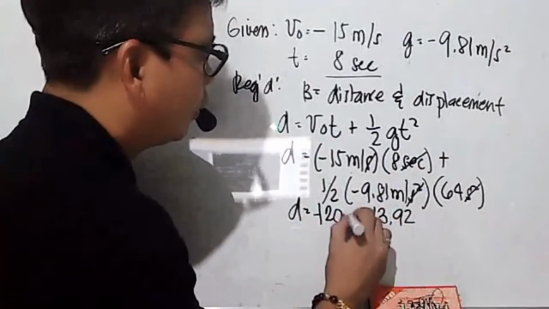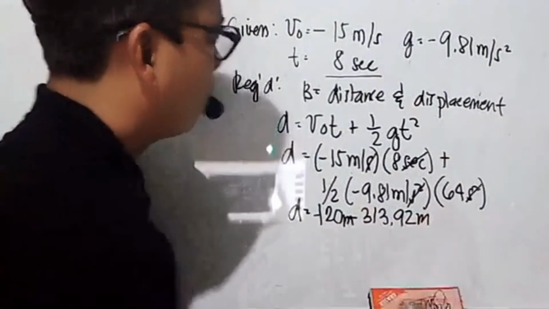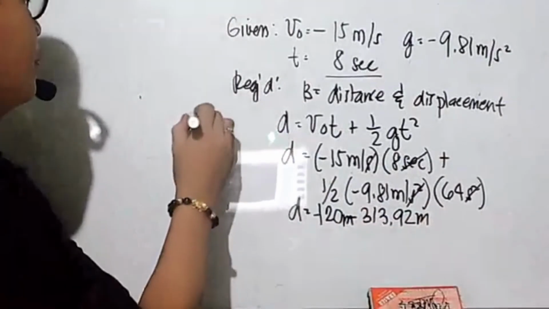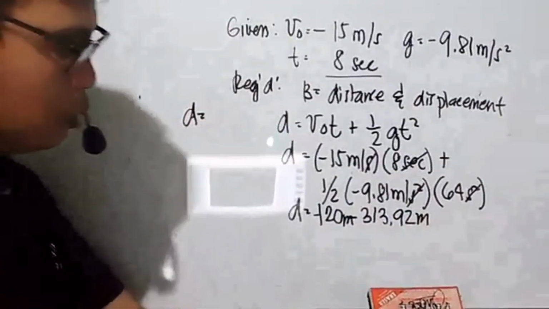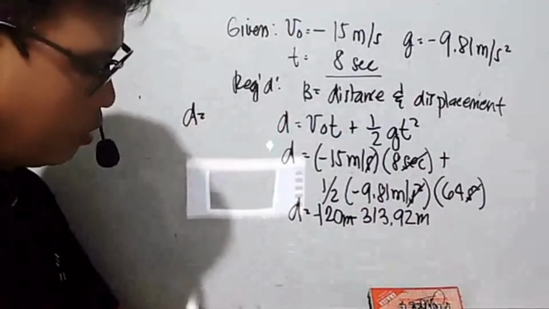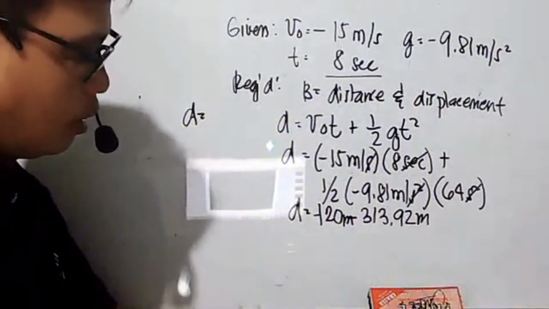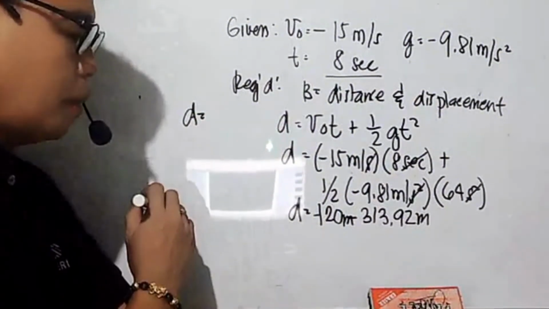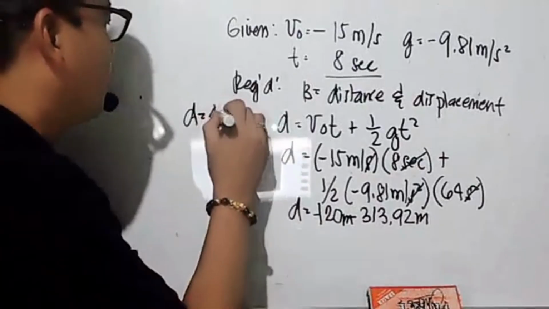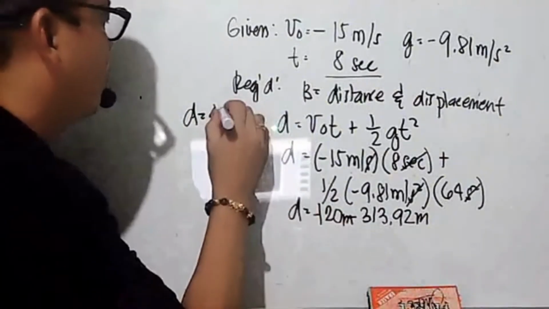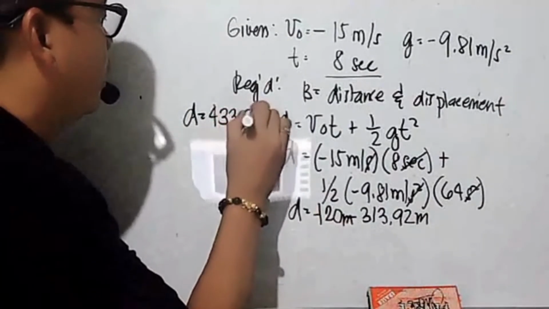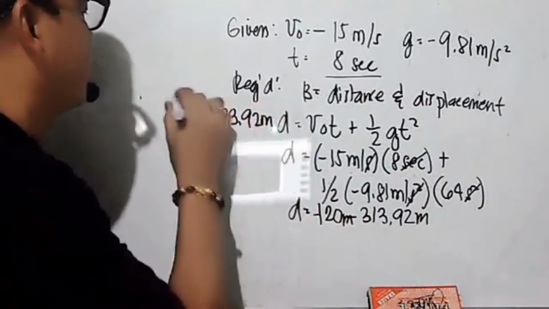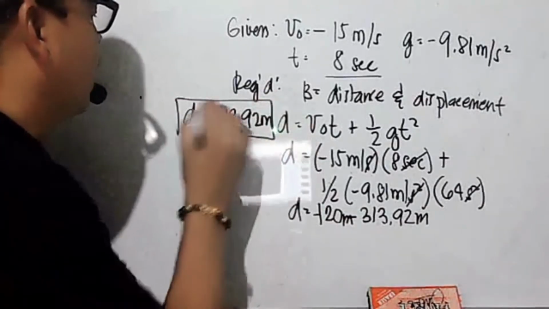The unit is in meters. Therefore, your D is equal to negative 433.92 meters.